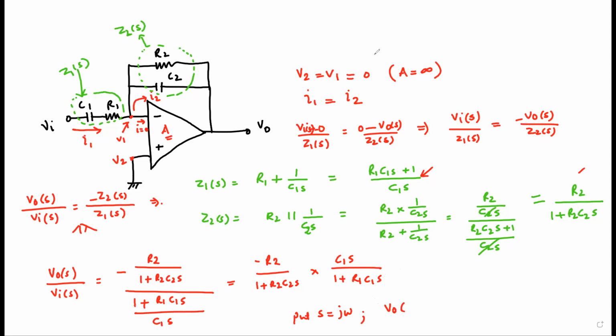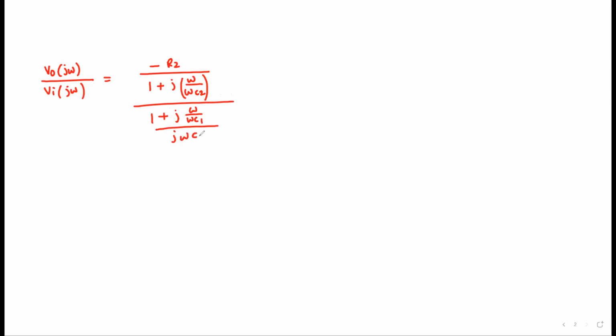Let's write it in the next page. So it would be given as Vo of j omega over Vi of j omega. This is the ratio of two voltages. And it takes the value of R2 divided by 1 plus j omega by omega C2, divided by 1 plus j omega by omega C1 divided by j omega C1.